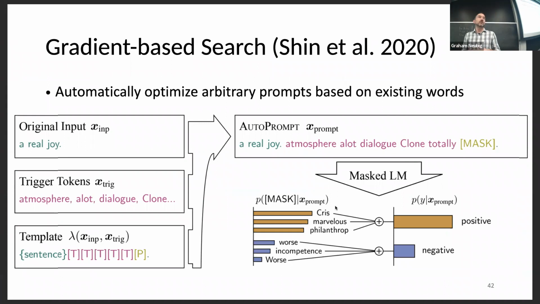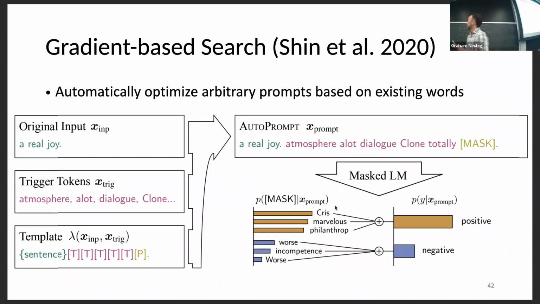So then moving on, there are other methods for prompt design. This is an automatic method for coming up with prompts and answers that allow you to predict the output appropriately. The way it does it is it basically does a gradient-based search method where you treat the parameters of the prompt as parameters of the model that you want to be optimizing through stochastic gradient descent.